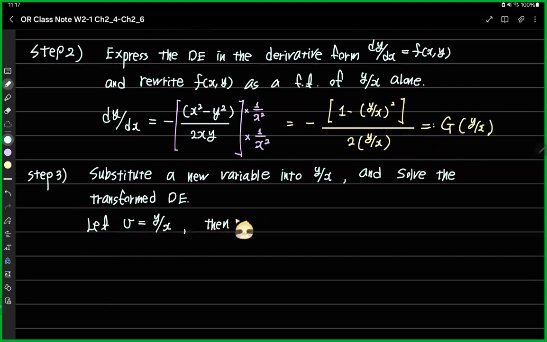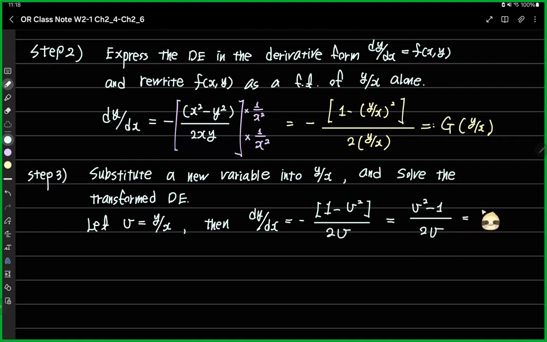Then dy/dx is going to be minus (1 minus v squared) over 2v, which is (v squared minus 1) over 2v. That is equal to v over 2 minus 1 over 2v. Either way is just fine; you can stop rewriting up to here.